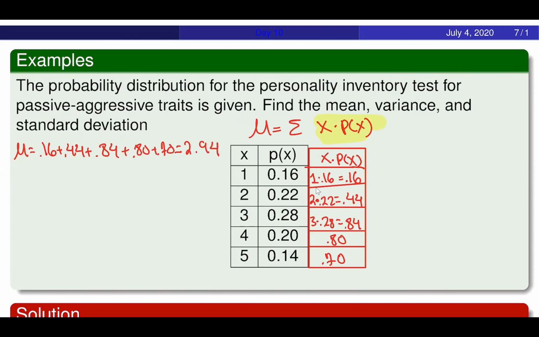So we'll say the mean is equal to 2.94, and we're done. That's all you have to do for the mean. You don't have to do anything else.